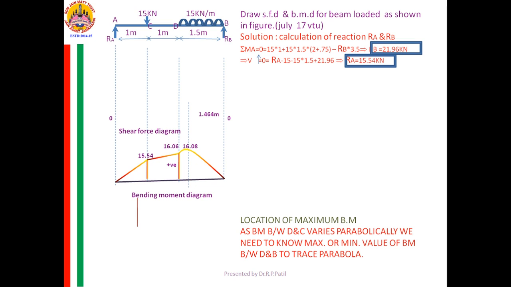If you solve it, you will get RA equal to 15.54 kilonewton. So I got both RA and RB. I am writing the beam once again by putting the value of RA and RB.